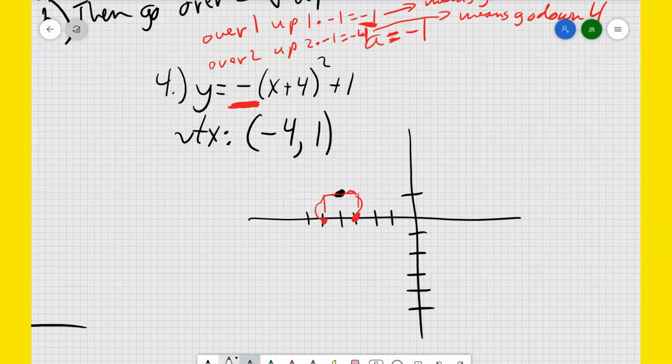And I'm going to go over 2 and down 4, 1, 2, 3, 4. Over 2, down 1, 2, 3, 4. And there's my 5 points for my parabola.